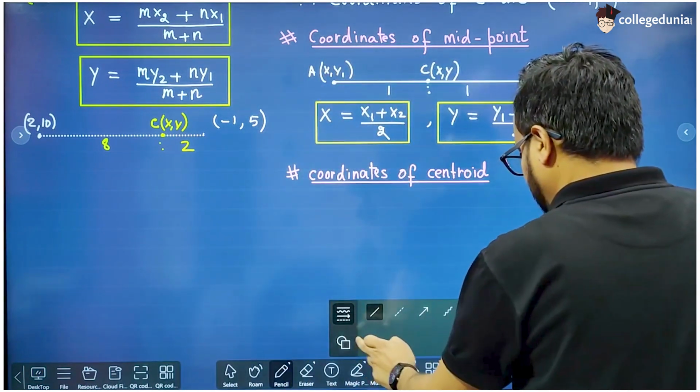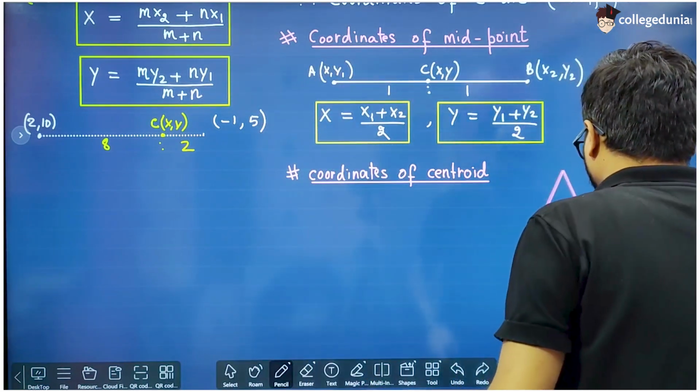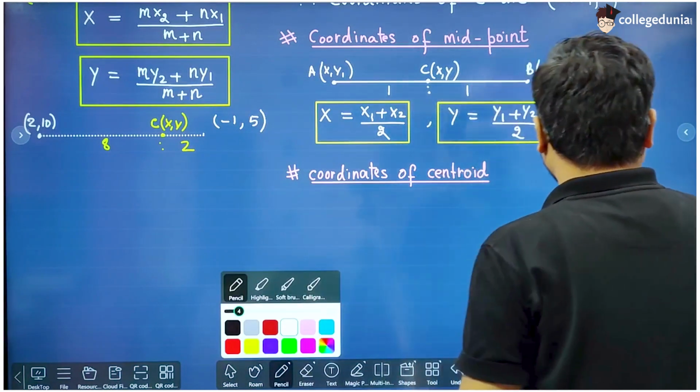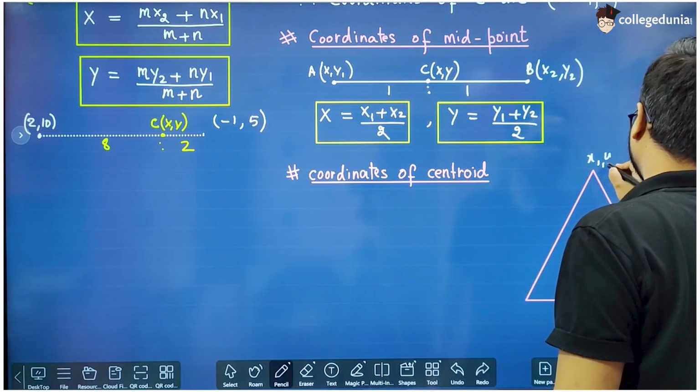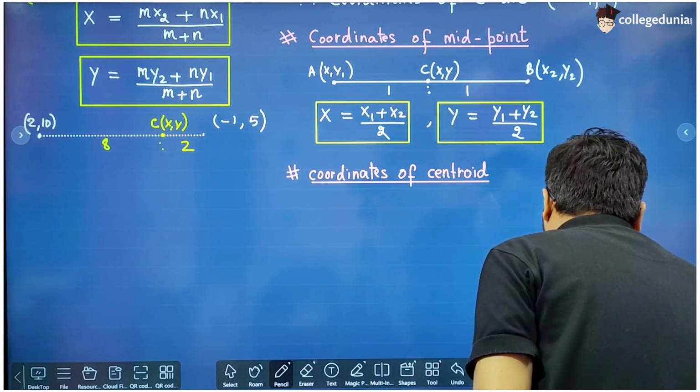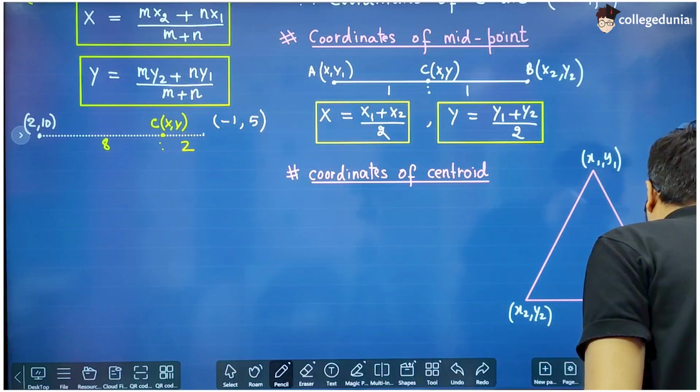So here we have a triangle and we know the three vertices of this triangle: x1, y1, x2, y2 and x3, y3.